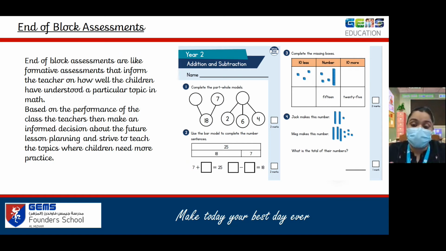And then the teachers strive to cover the topics where they feel that the children need more practice. So the end of block assessments are just short activities that the teacher conducts in the classroom to know how much the children have understood with regards to a particular concept or topic in math.